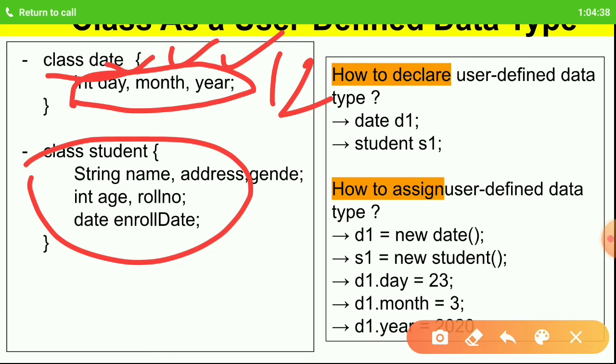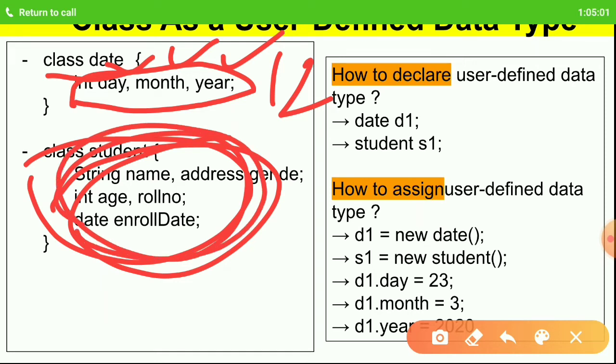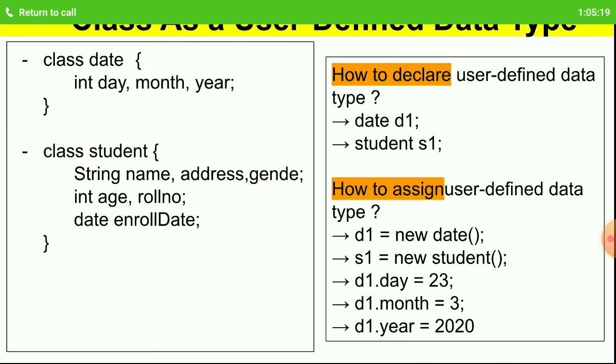Whereas the student type of data will require a different amount of memory, because it has got a different number of variables and different types of variables. So the size of user defined data type is not fixed, whereas the size of primitive types is fixed. That's the second difference.